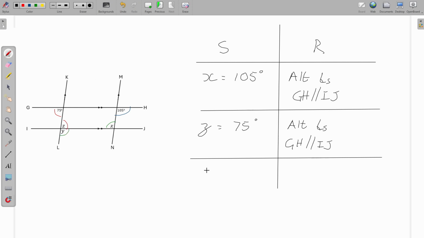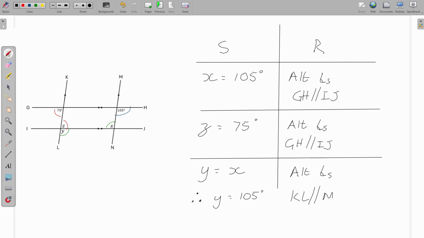So we're going to have two statements. Because Y and X are alternate angles, Y is equal to X. Therefore, so for therefore you do 3 dots, Y is equal to 105 degrees. And the alternate angle reason, we need our parallel lines, which was KL parallel to MN.